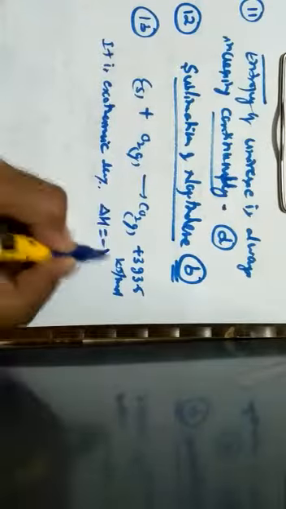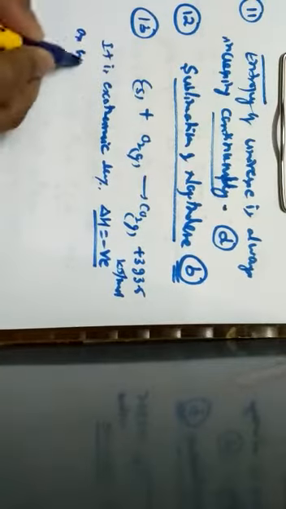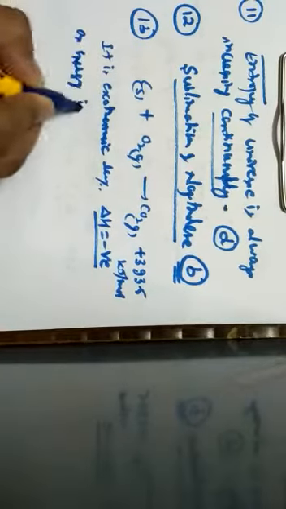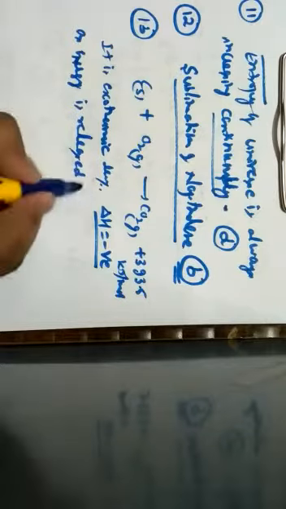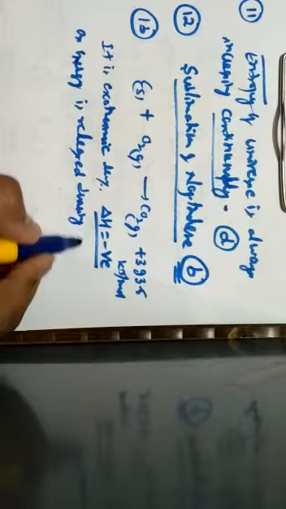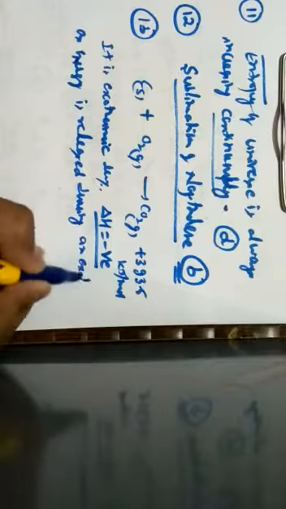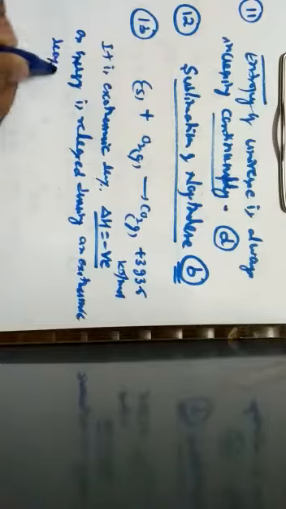This equation tells that it is an exothermic reaction. When the reaction is exothermic, delta H is negative, as energy is released during the course of an exothermic reaction.